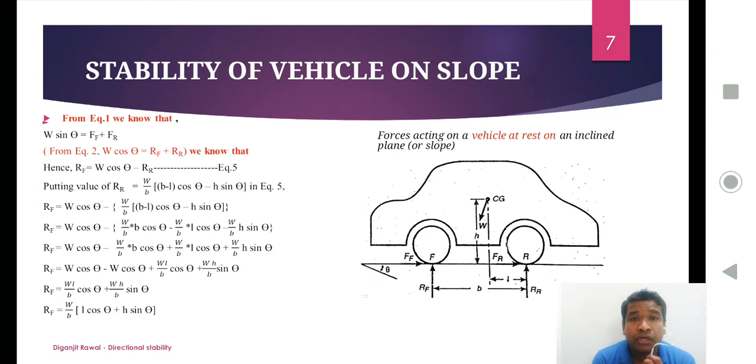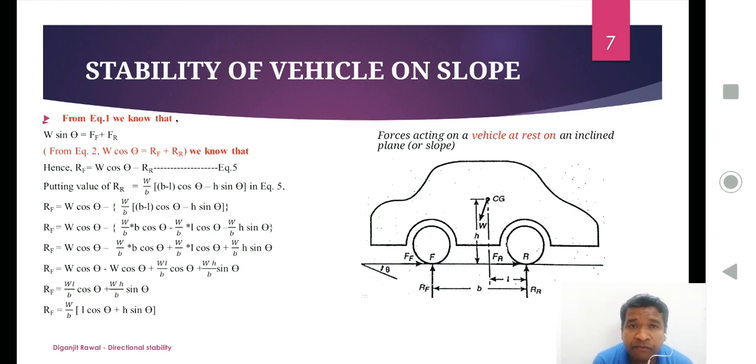Next, from equation 1, we know that W sin theta is equal to FF plus FR, because summation H is equal to 0. From equation 2, we know that W cos theta is equal to RF plus RR, summation V is equal to 0. So we know that hence RF is equal to W cos theta minus RR.